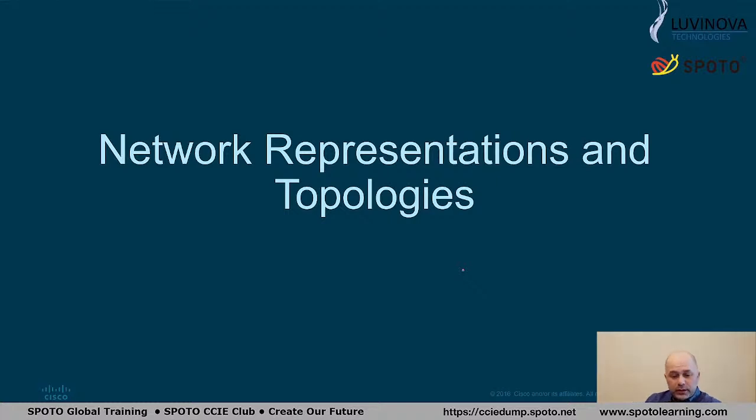So, network representation and topologies. As you know, networks represent themselves in the world. There are different networks and they must somehow connect to each other. At the beginning, when the internet was created, they decided to set certain rules and topologies for how the network must be constructed.